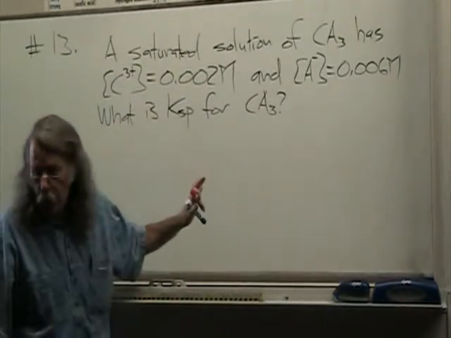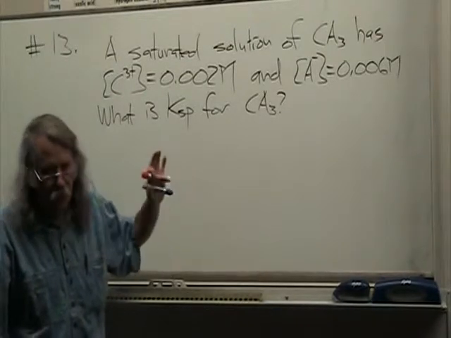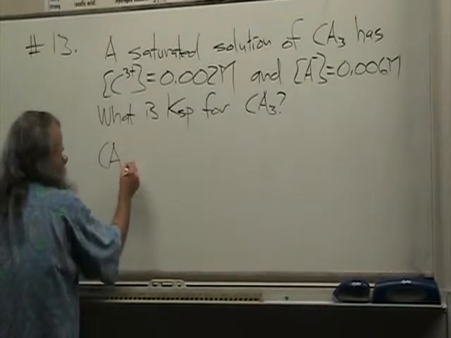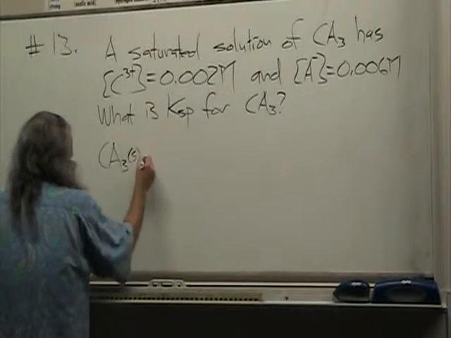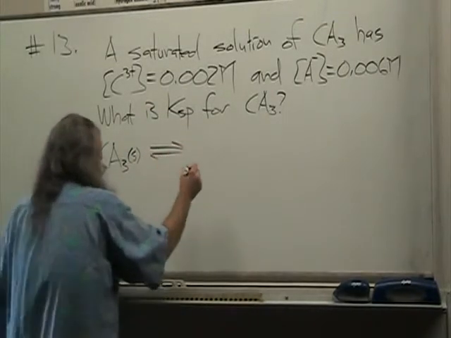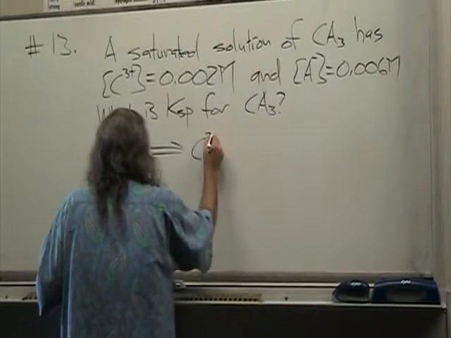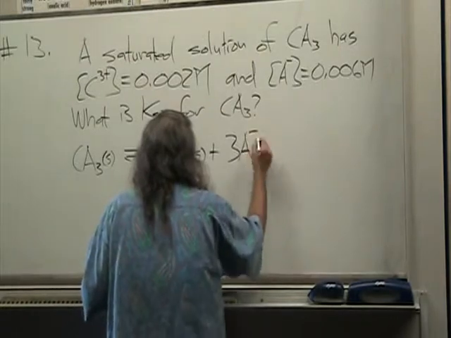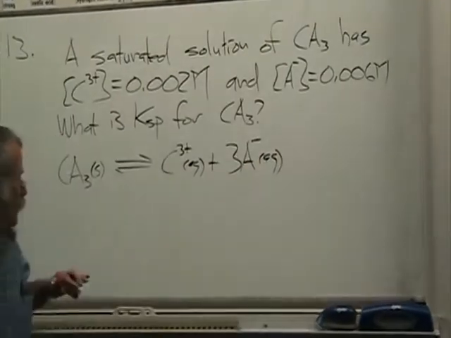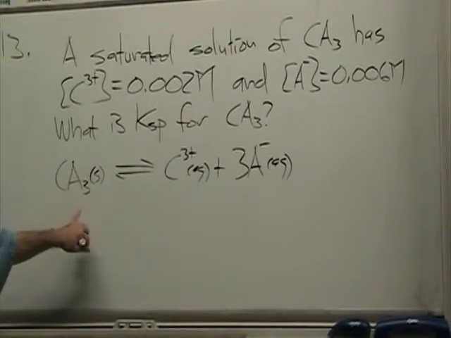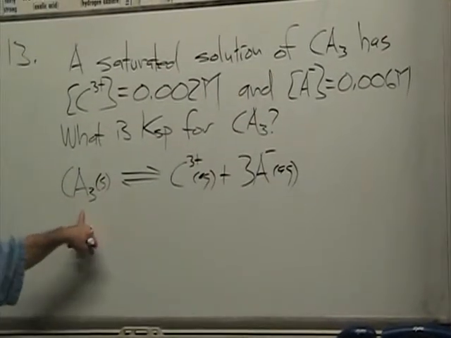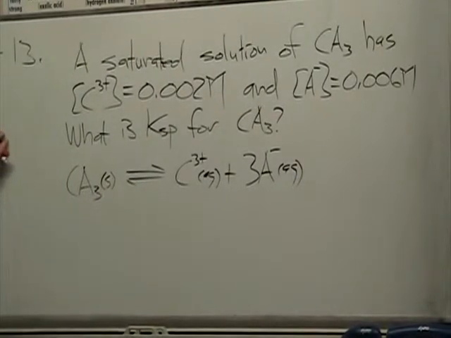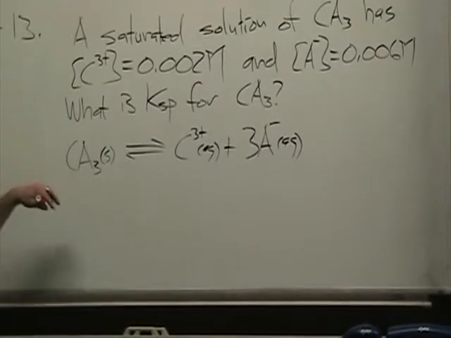This is a solubility product equilibrium. And so the solubility product is always, I'm going to start with this generic solid, it is going to dissociate into cations plus anions. And the stoichiometry is commensurate with the formula. Okay? And so all we need to do is find the Ksp, the mass action expression.